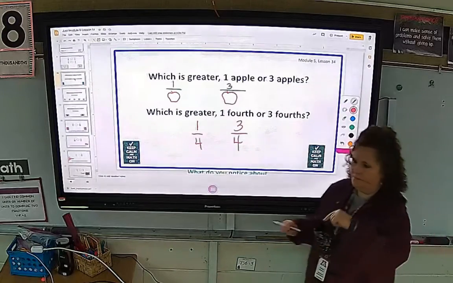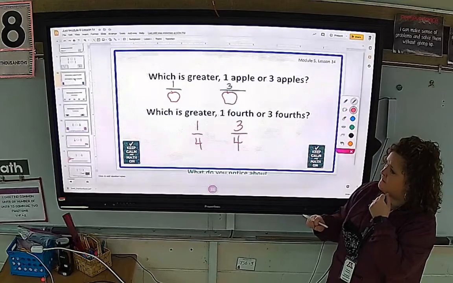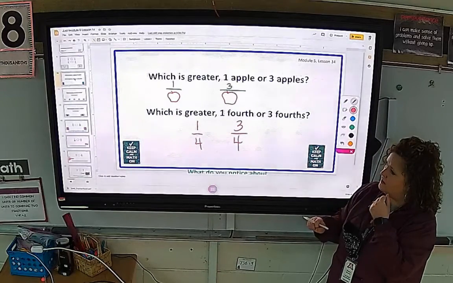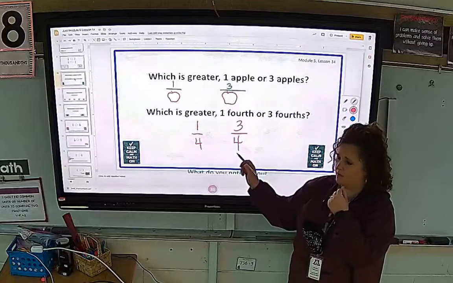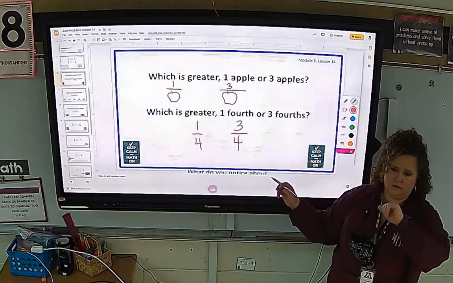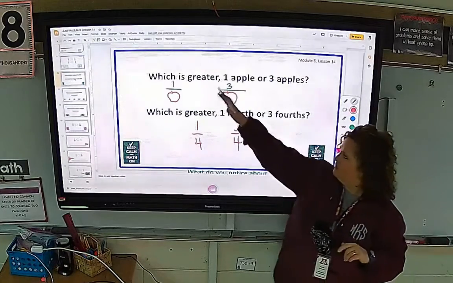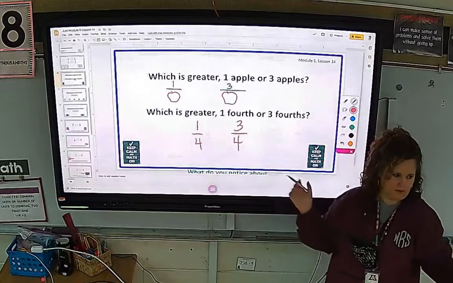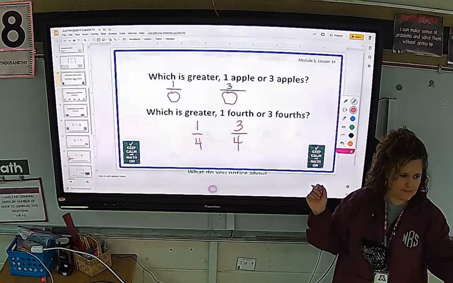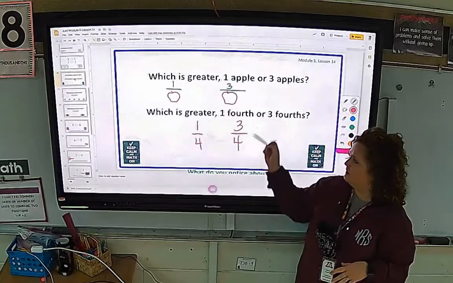On both of them, 1 and 3, it's the denominator 4. So both of these have the denominator 4. Both questions have the numerators 1 and 3. We've got 1 and 3, 1 and 3. Anything else? 3 is bigger. In both times, this is bigger.